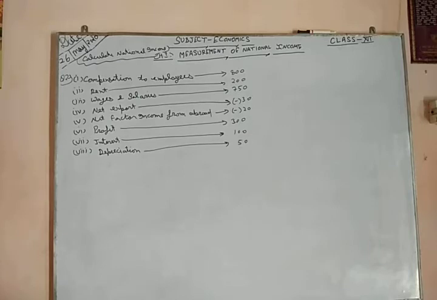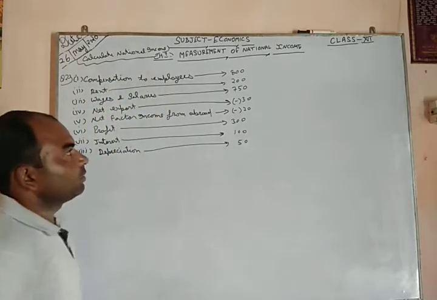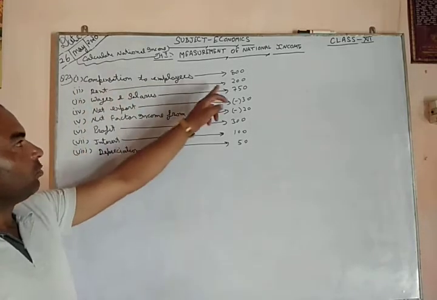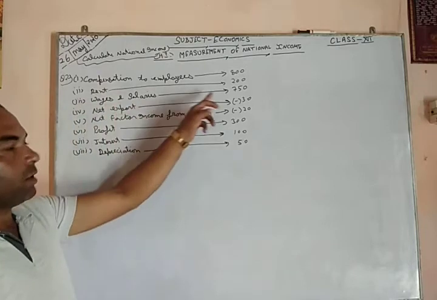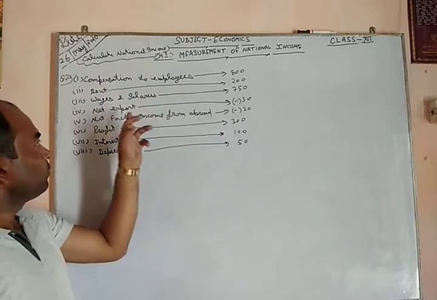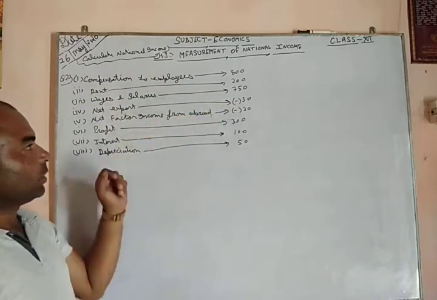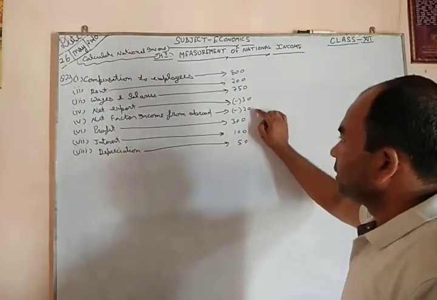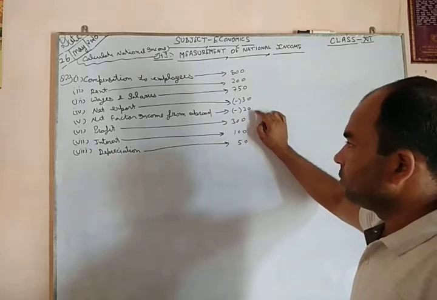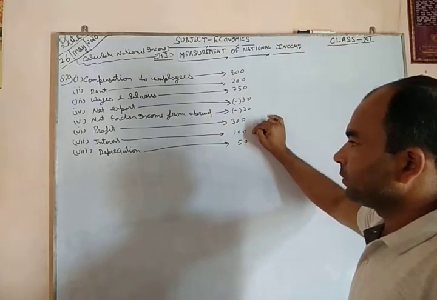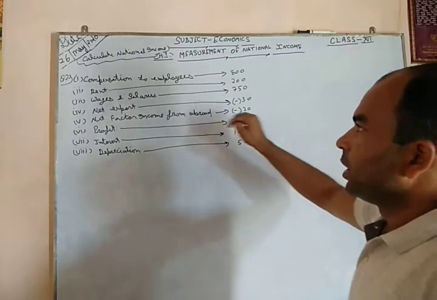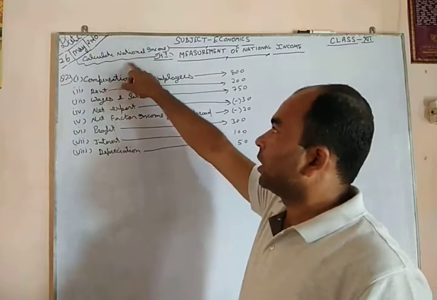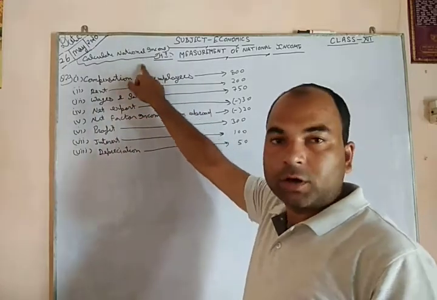So students, you can see the question number 2, example 2: compensation to employees 800, rent 200, wages and salary 750, net export given in minus, this is 30. Net factor income from abroad is also given in minus 20 crore, profit 300, interest 100 and depreciation 50. And by the help of these, we have to calculate national income.